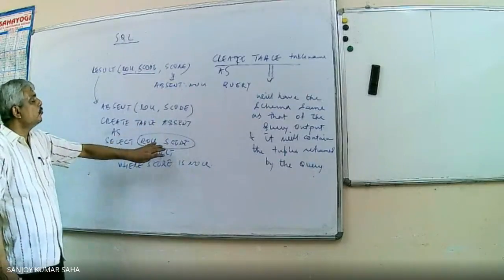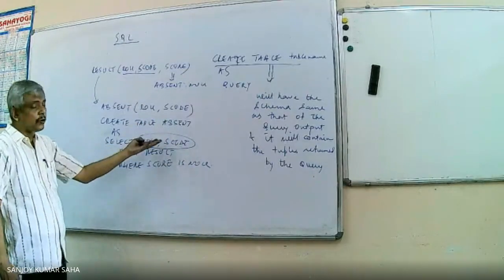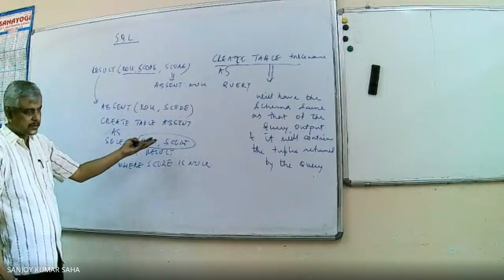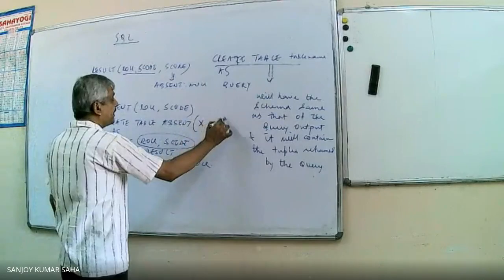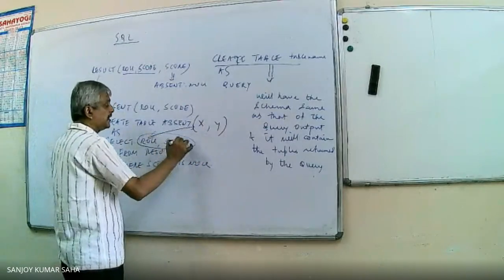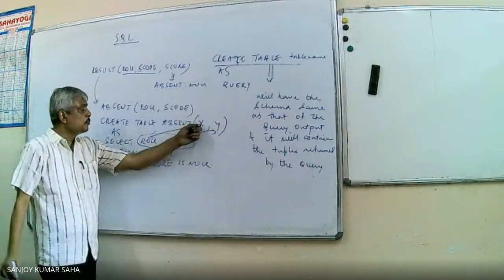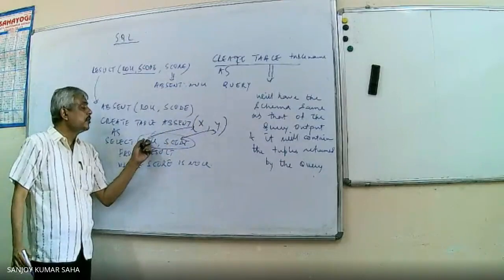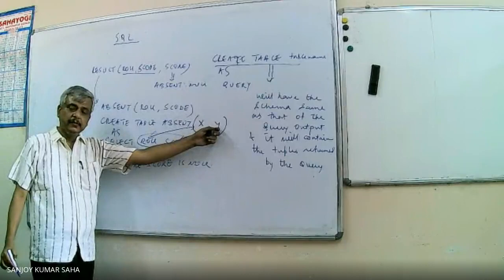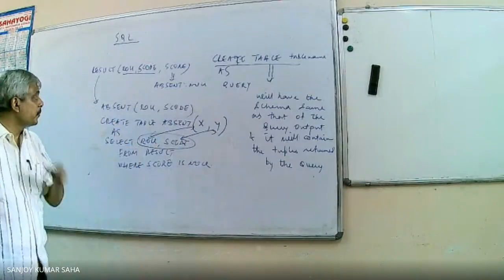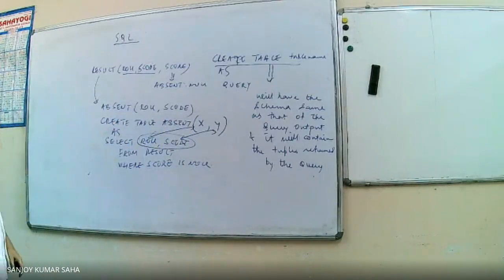We will have the schema, which will also automatically have certain tuples. Now, if we want to give different names, say x, y, then there is a one-to-one correspondence: the roll number is named x, the score is named y. So this is another form of create table.